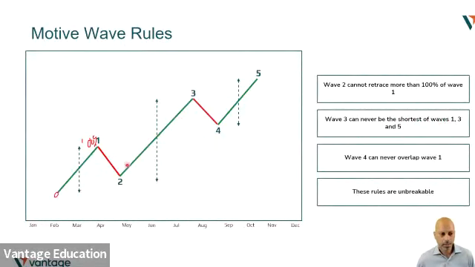So we see wave 3 here, and it can never be the shortest. If you have wave 1 here and wave 5 here, wave 3 has to be longer than at least one of them. It has to be longer than wave 5, or longer than wave 1, or it can be longer than both, but it cannot be the shortest wave in the series. Wave 3 can never be the shortest of waves 1, 3, and 5. Now, these are the rules.